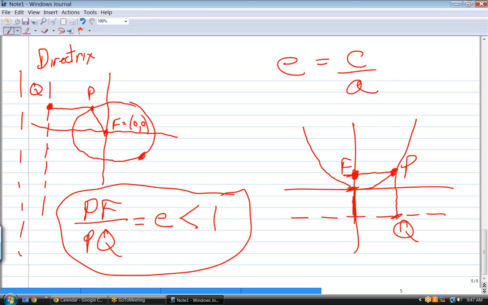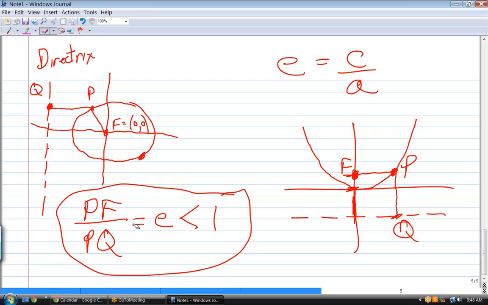Whereas if I took this directrix with the parabola and I moved it down, it would not be true anymore. I can't move the directrix down. So I haven't figured out yet whether we can move this directrix. I kind of suspect not, even though it doesn't appear that it would violate this definition, the conic definition.